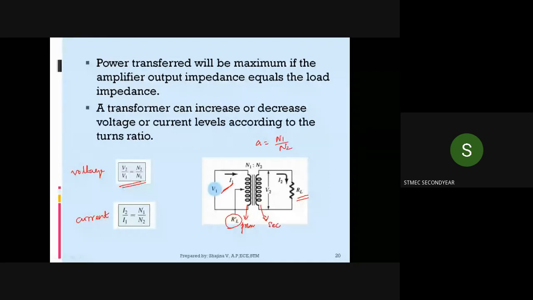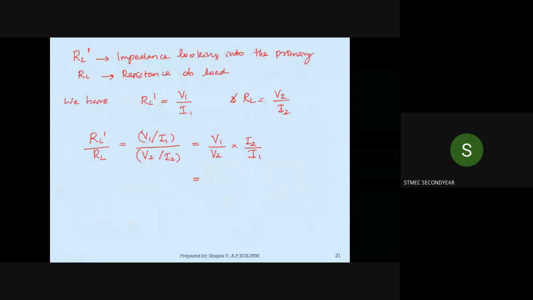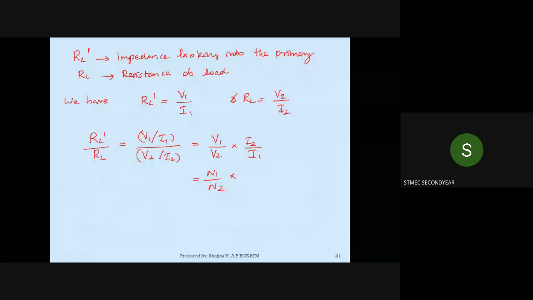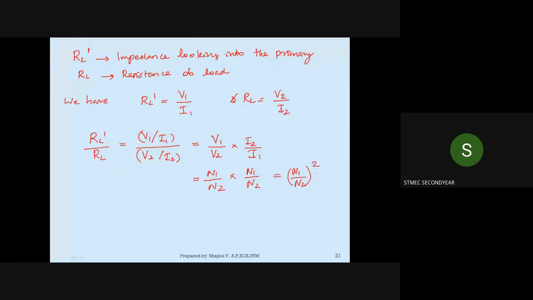So instead of V1 by V2, I can write N1 by N2. And I2 divided by I1 is equal to N1 by N2. So I can write this as N1 divided by N2 the whole square, that is N1 square divided by N2 square. So RL dash divided by RL is equal to N1 by N2 the whole square.